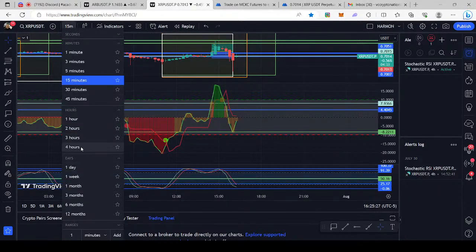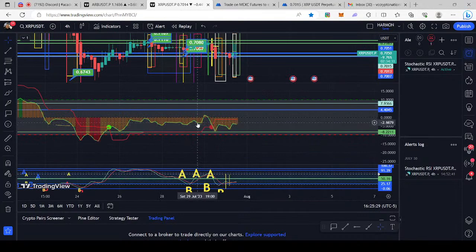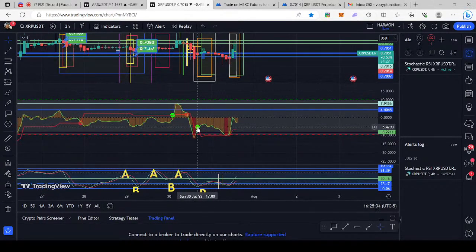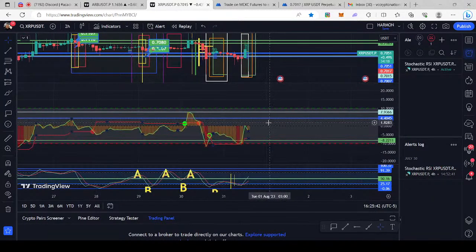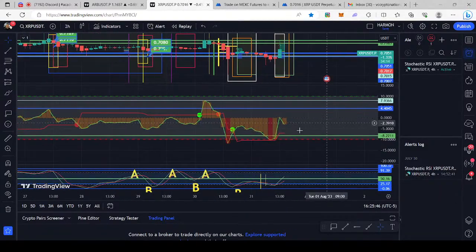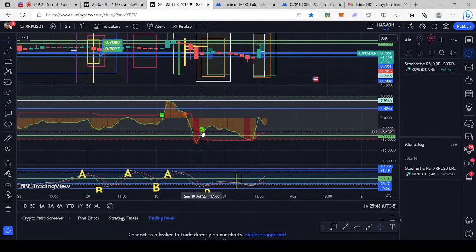Let's see here. Like here I get a 2-hour green moon. It had a retest here. If you guys see this video, you have a 2-hour green moon, and then it goes down, gets rejected at about 9 a.m. in the morning.